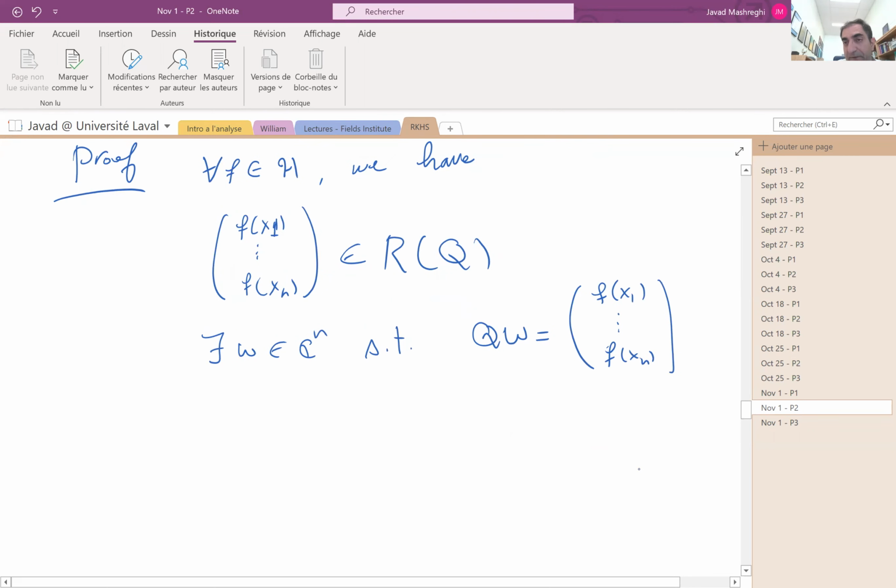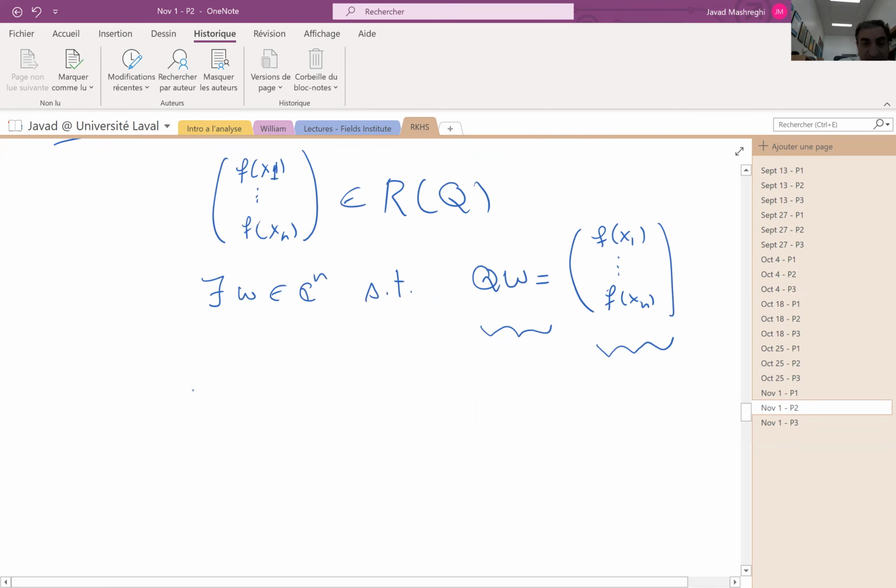This is based on the characterization we had in the previous main theorem, that the interpolation problem has a solution if and only if our vector lambda is in the range of Q. And here it is trivially the case because f is already given.